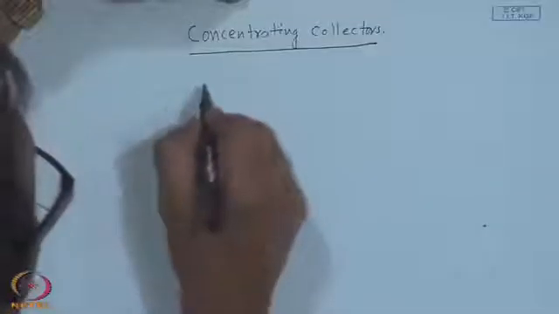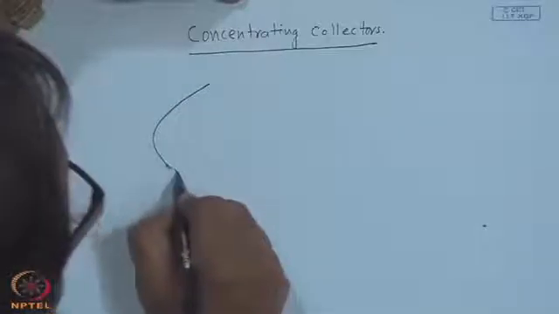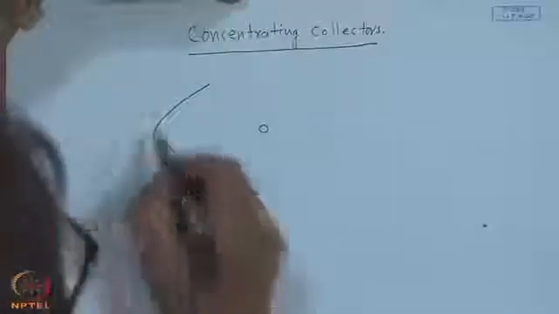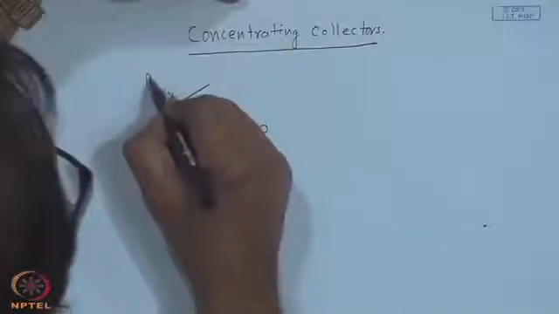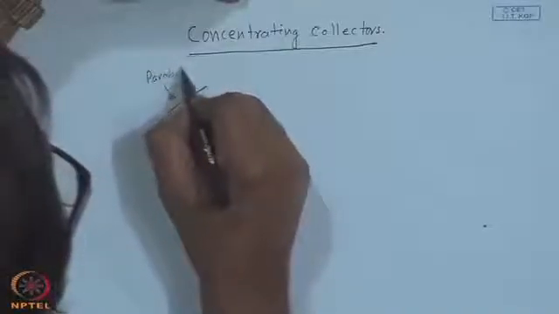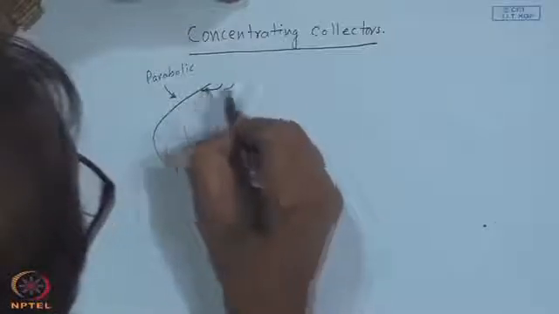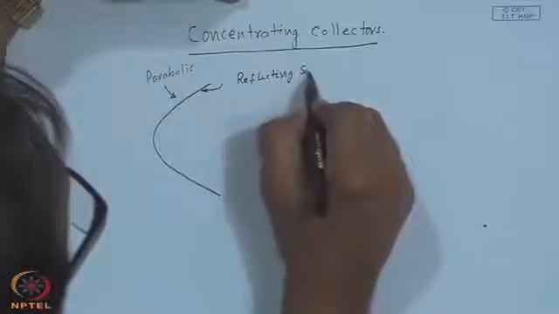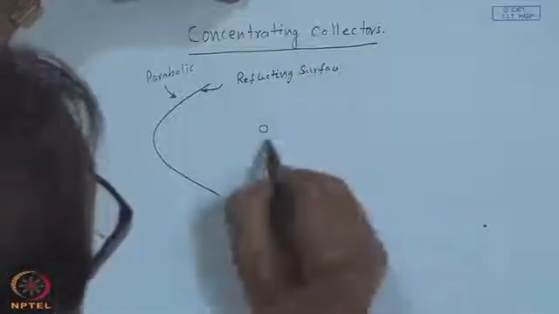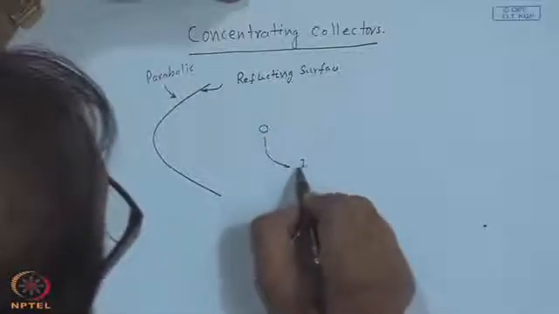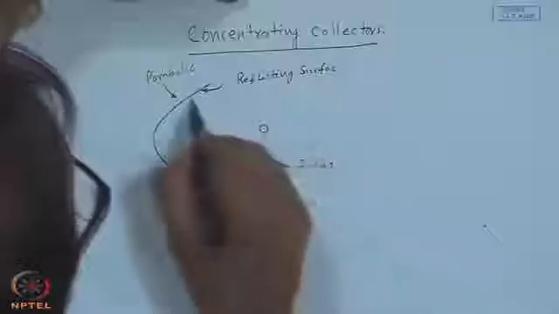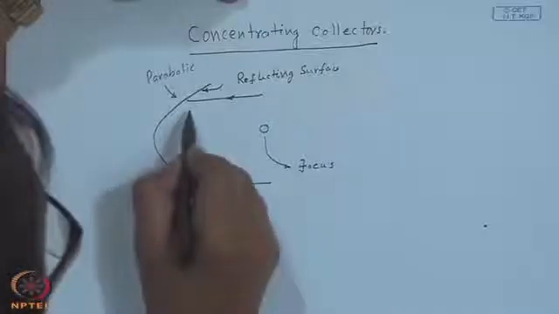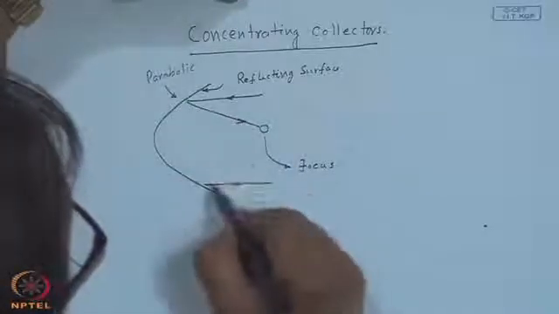So, I will first give you the configuration, so that you will understand the whole idea. Suppose I have a parabola, this is a reflecting surface, and this is the focal point. So, all the rays falling on the reflector will be reflected onto this.